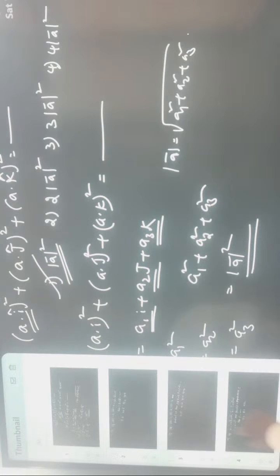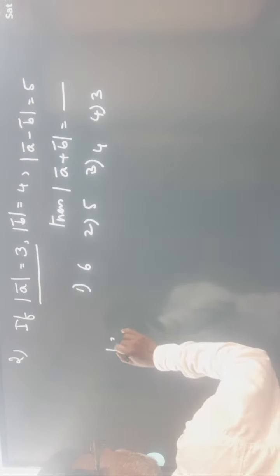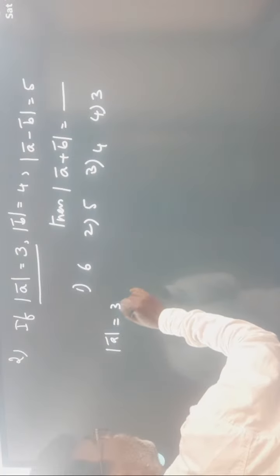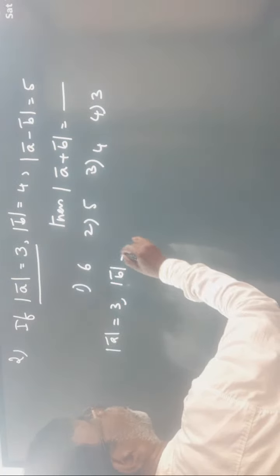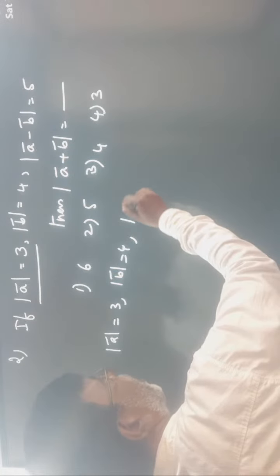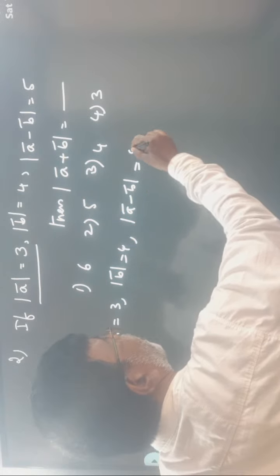Now, let me explain the second question. Suppose mod a bar is given as 3, mod b bar is 4, mod a minus b equals 5. Then mod of a bar plus b bar equals how much? So what is the given data? Mod a bar equals 3, mod b bar equals 4, mod a minus b equals 5, then mod of a bar plus b bar.